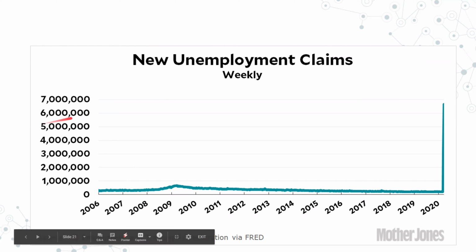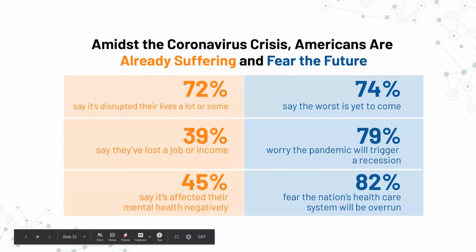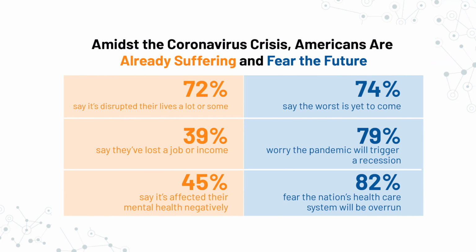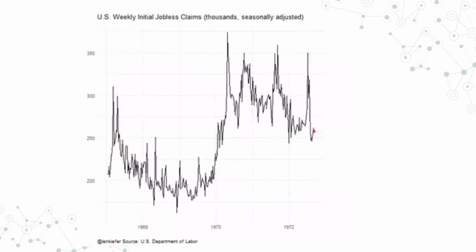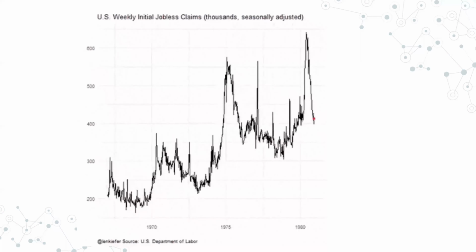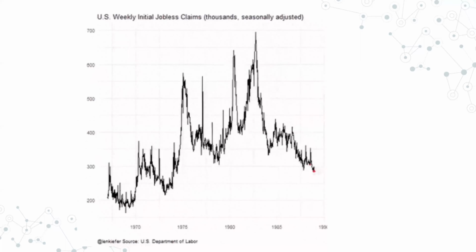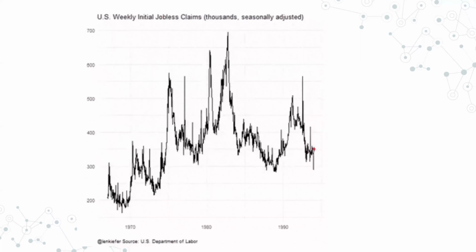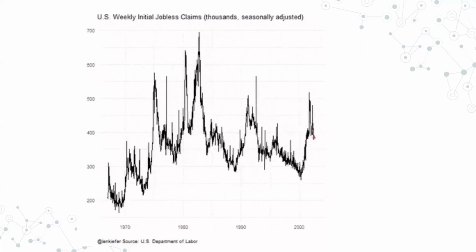Looking at new unemployment claims, here was the last year, right? And a lot of this has to do with stress. So here's another chart from 1900. Here's where the US weekly initial jobless claims were.